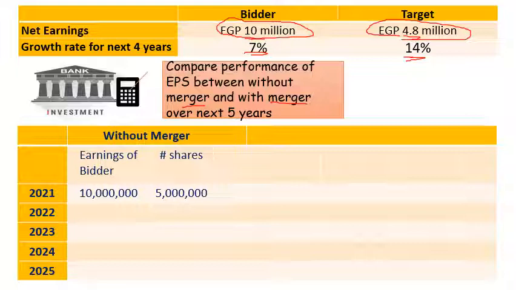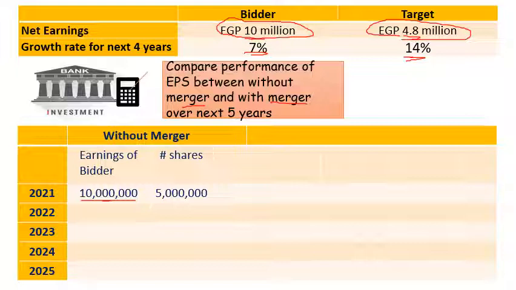So before the merger, the number of outstanding shares is 5 million shares for the bidder, or the acquiring company. This amount of earnings is expected to grow at 7% annually.